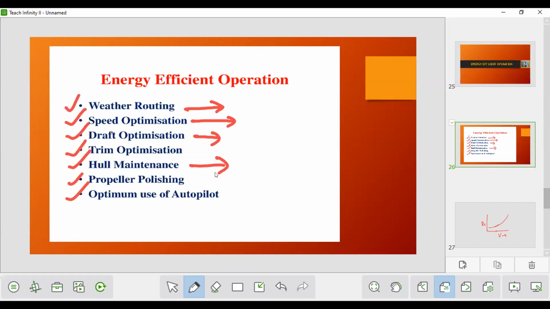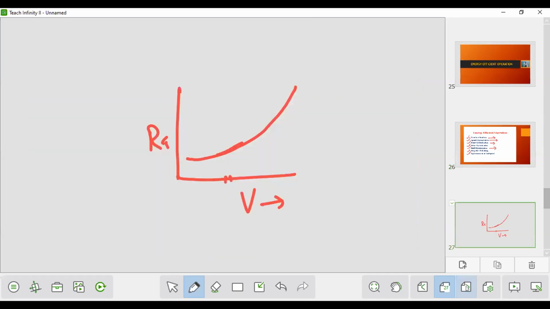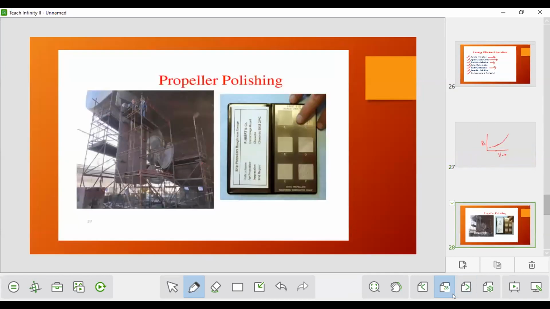And propeller polishing is very important. In the dry docking stage, we can see all these things. The propeller may be fully fouled, or have corrosion, cavitation or erosion.